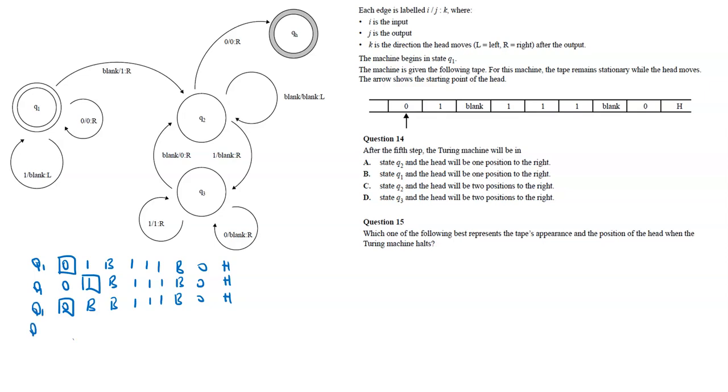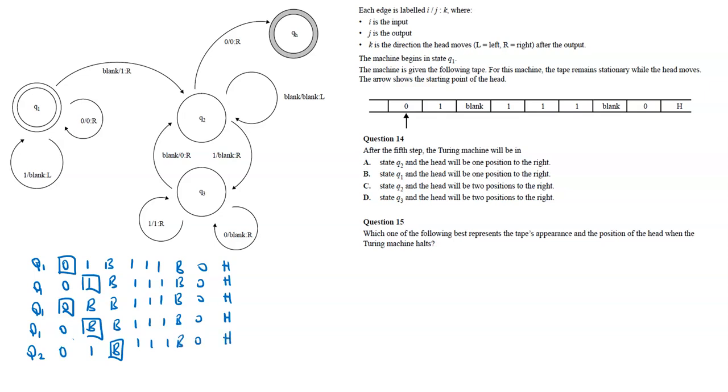Again, we see a 0, so we move to the right. And now we see a blank. We're going to transition into state 2. And we're going to change the blank for a 1 and move to the right. So the blank has turned into a 1. We've moved to the right. Everything else is the same.